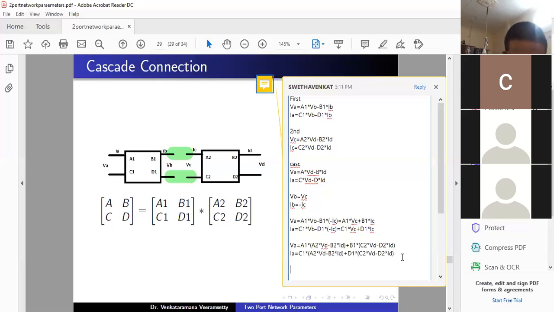So what I want to see is VA equal to, multiply inside, what do we get?